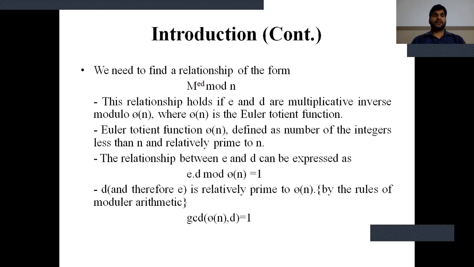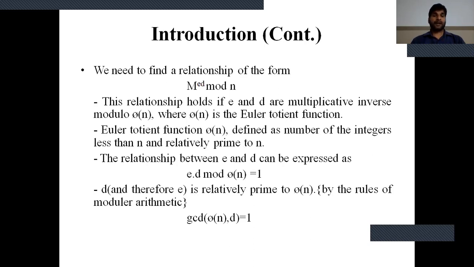Now we need to find the relationship for solving the RSA algorithm. The relationship is of the form M to the power ED mod N. The relationship holds if E and D are multiplicative inverses modulo phi n, where phi n is the Euler totient function. The Euler totient function phi n is defined as the number of integers less than n and relatively prime to n.